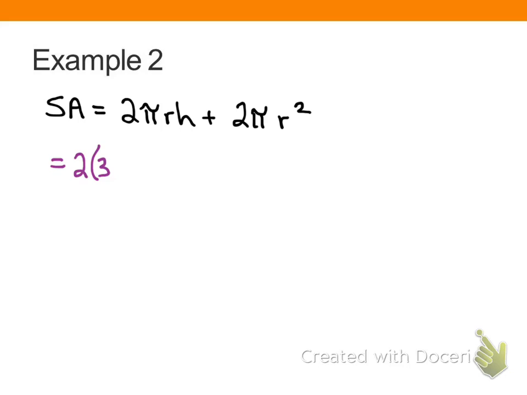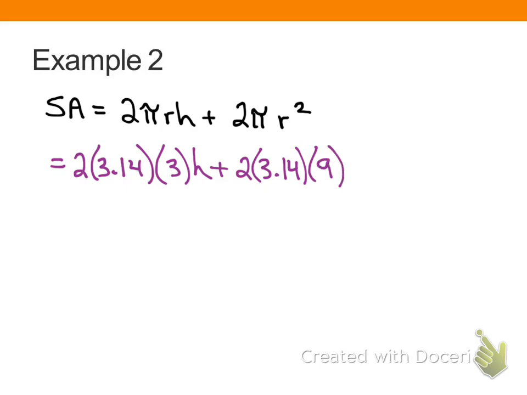2 times pi, which is 3.14, times my radius, which, what was my radius? What did the word problem say? Radius is 3 inches. Don't know my height, plus 2 times pi times R squared, which the radius is 3, so what's 3 squared? 9.